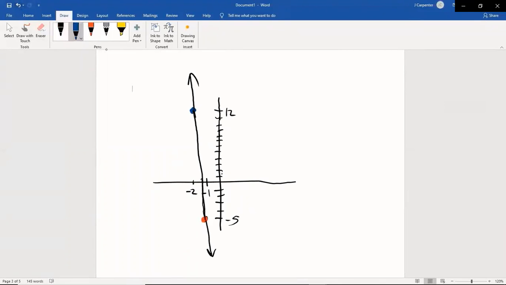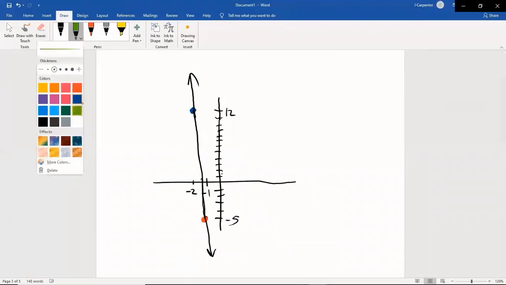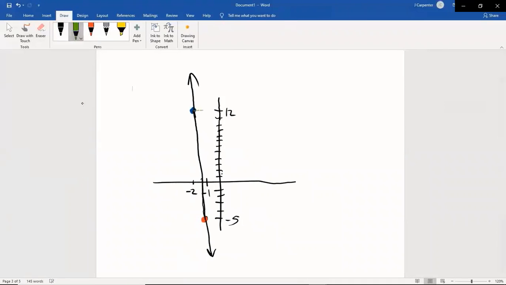So we can see that from this point to this point, we're going to go right 1, which is not very far. Let's just pick another color. Let's go with green. We'll go right 1 and then down 17. From 12 all the way down to -5. That's a 1, and that's going down 17.